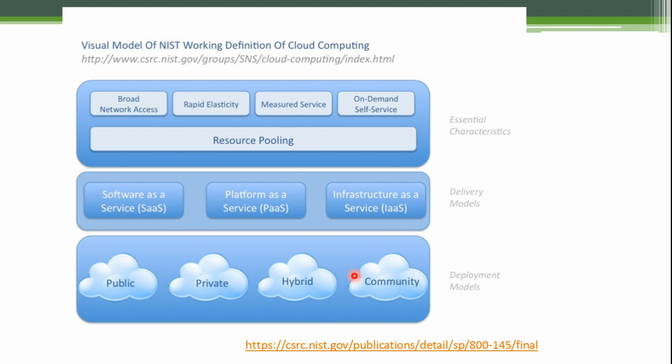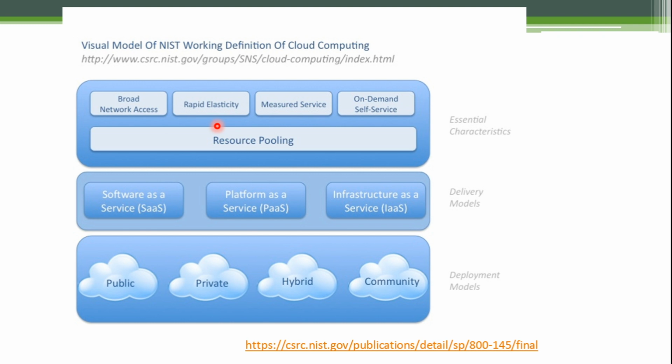Okay. So again, this is a model which NIST has released when they talk about cloud computing. These are the things we talked about. Five essential characteristics of cloud computing: broad network access, rapid elasticity, measured service, on-demand self-service, resource pooling.